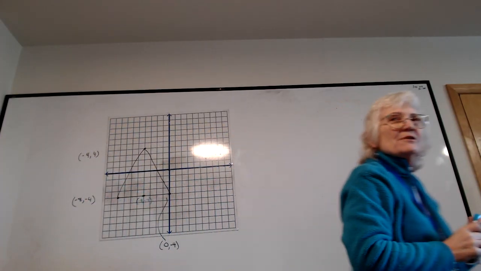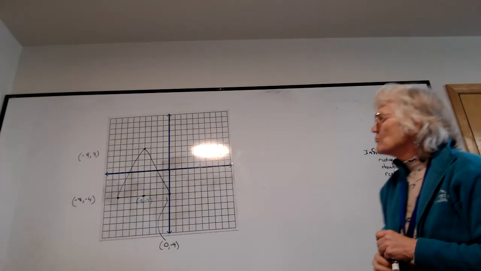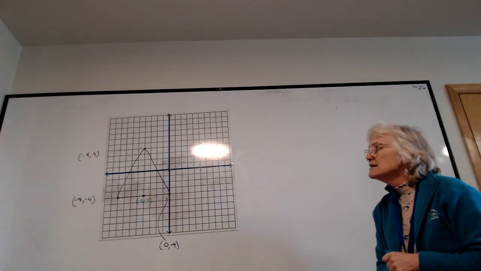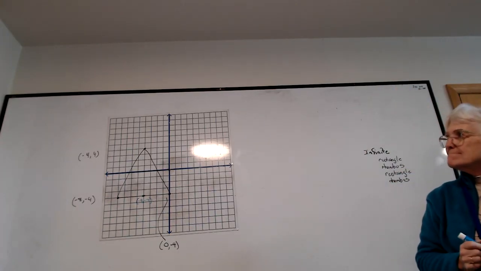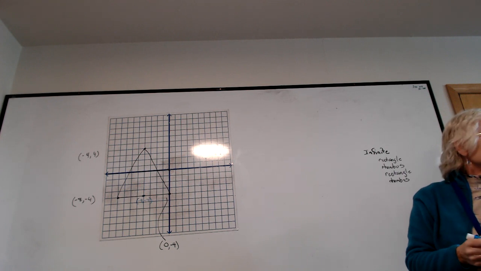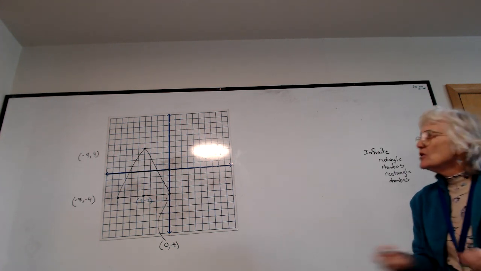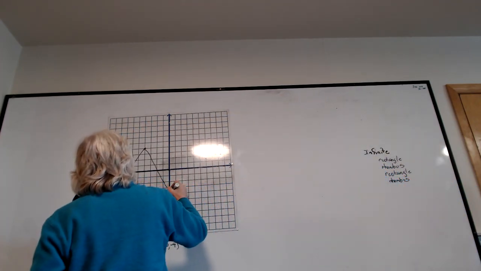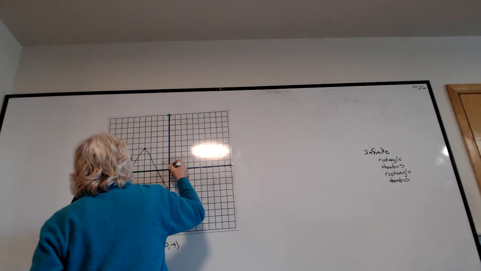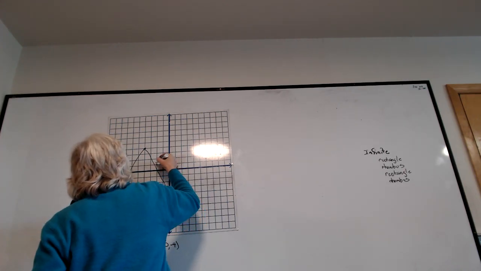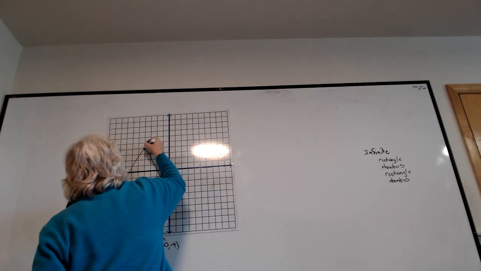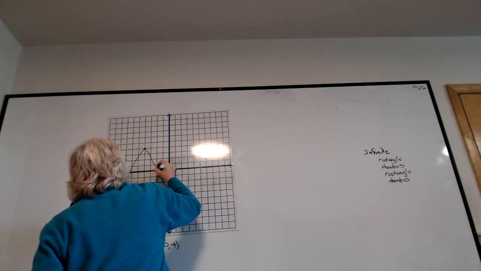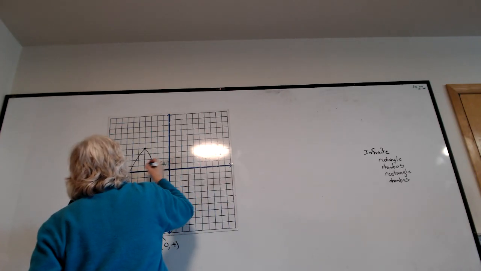The midpoint on the right hand side. What's the midpoint? Just 0, -2. Okay, so it really is, because if I go up 1, 2, 3, 4, back 2, this is the midpoint. So it is -2, 0.